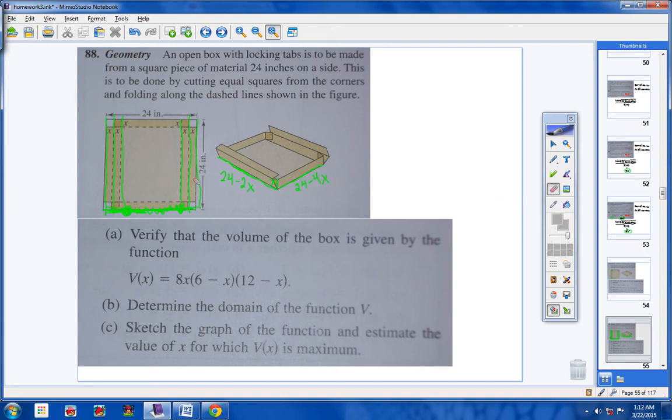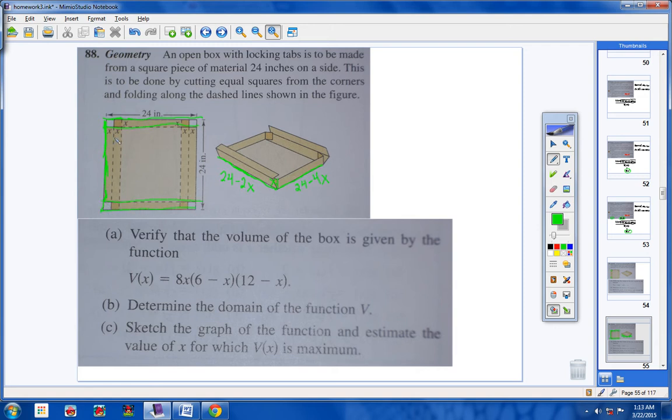Now, this length here had 1 row of x's cut away here, and 1 row of x's cut away here.